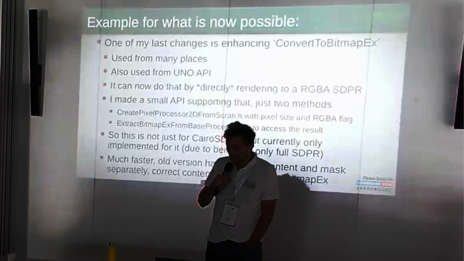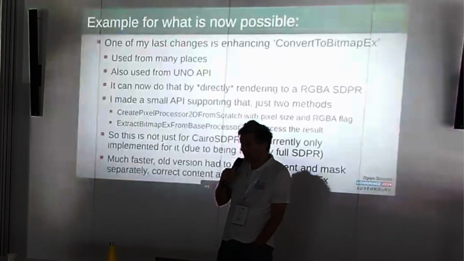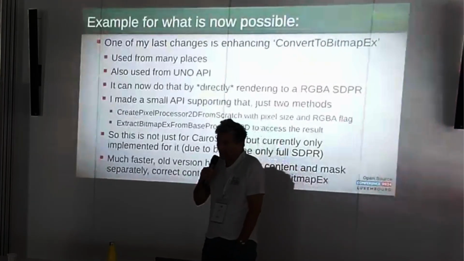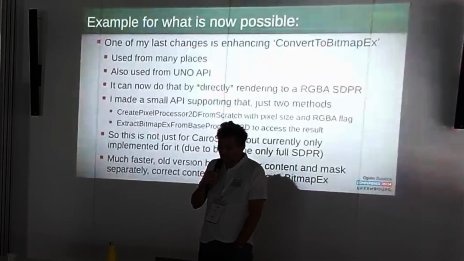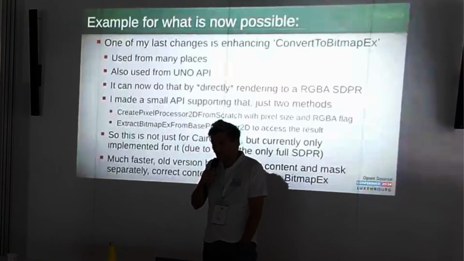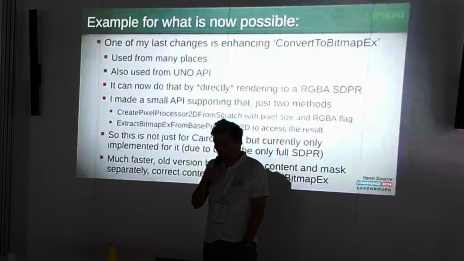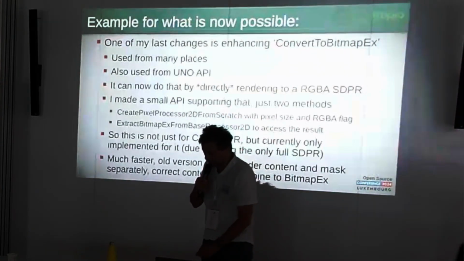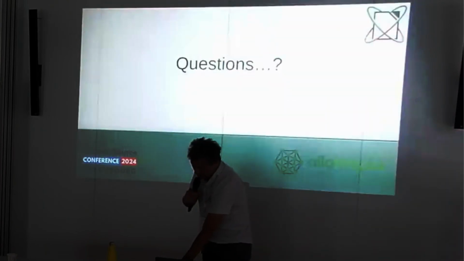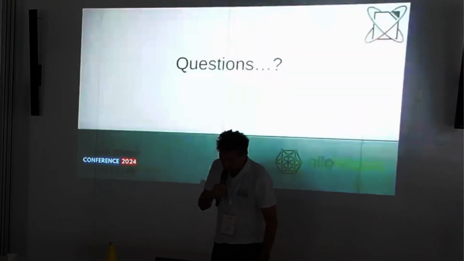So I just made a second constructor to the CairoSDPR, which creates a Cairo surface and directly renders RGBA. So this is much faster. The old version is also correct, but needed to render in those cases the content and alpha separately. And this is gone now for CairoSDPR and also activated in master.